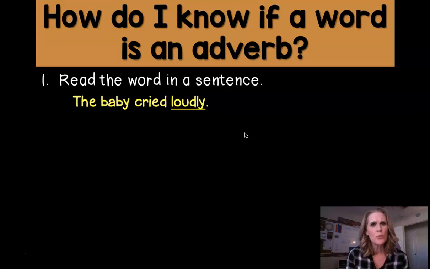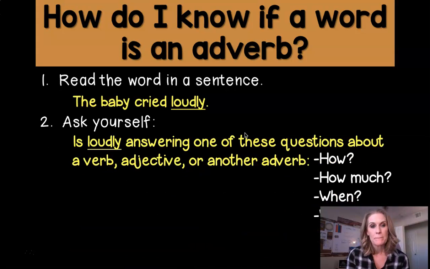How do I know if a word is an adverb? You might want to write this one down. Read the word in a sentence. The baby cried loudly. Ask yourself, is loudly answering one of these questions about a verb, adjective, or another adverb? How much, when, where?